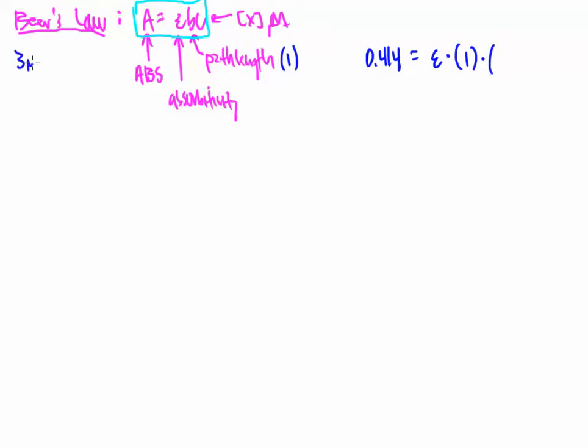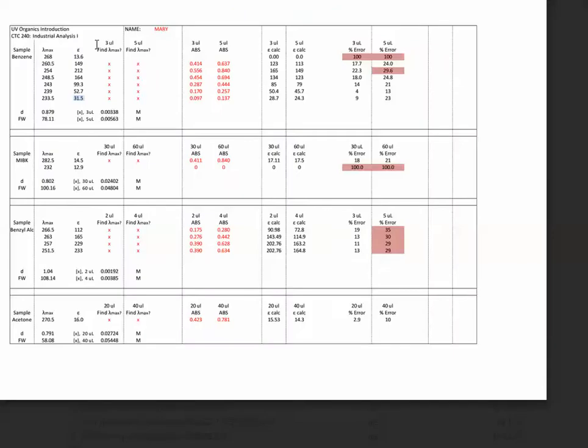That's the sample we are working on here. We're only going to do one, and I'm going to let you do the rest yourself. The concentration of the 3 microliter sample was right there. I had Excel do that calculation for me, using the density and the formula weight.